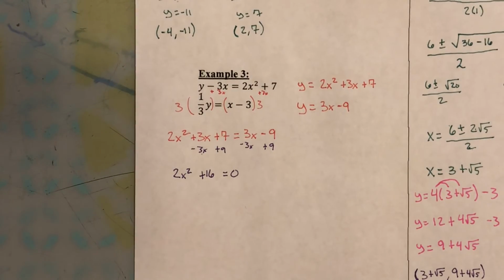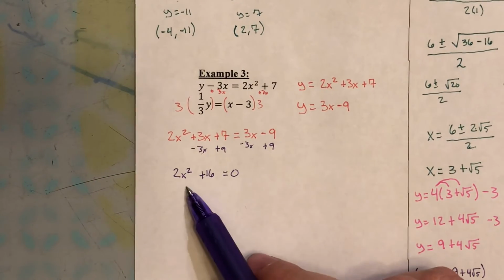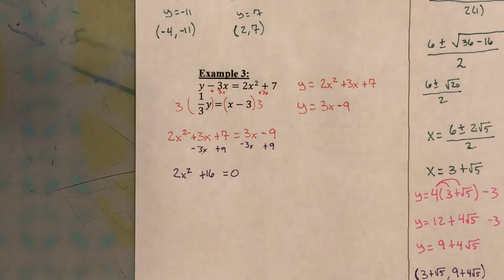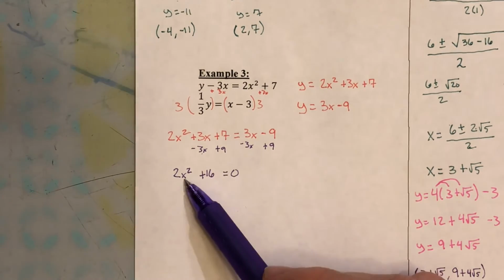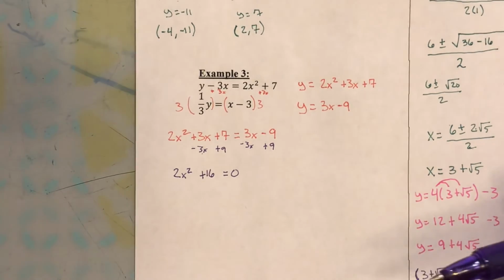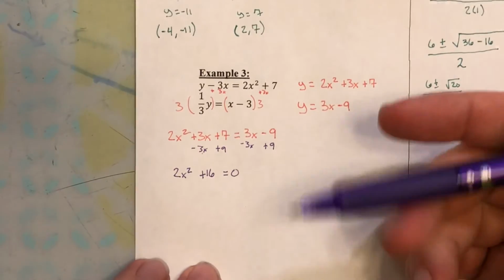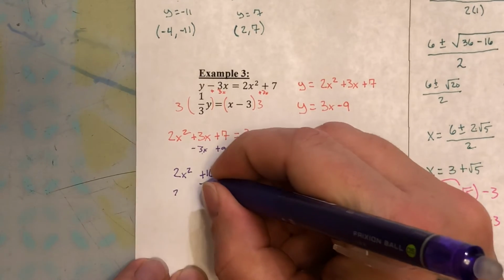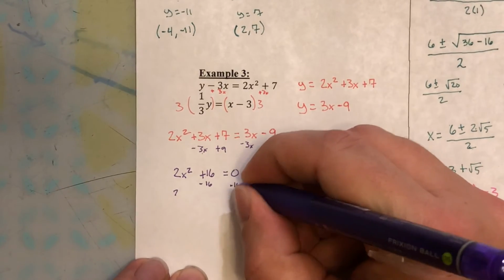Now this, I don't have any just x's to deal with, so this one I could very easily solve just for x squared and take the square root, do the square root method. So I'm going to subtract 16 from both sides.